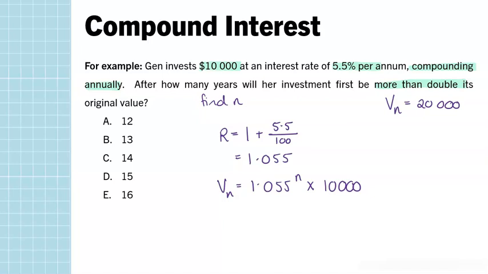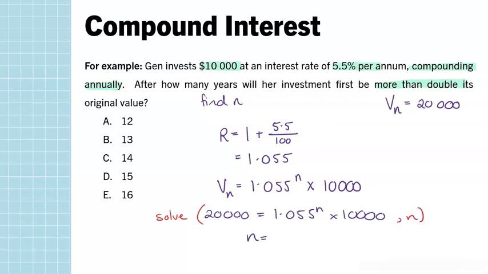And so I'm saying that I would like that to equal 20,000, and I would use my calculator to then help me solve for n. So it may be that you might like to note down that that's what you're entering on your calculator.